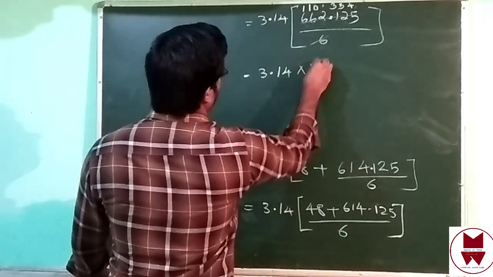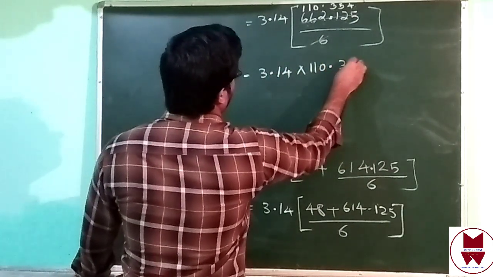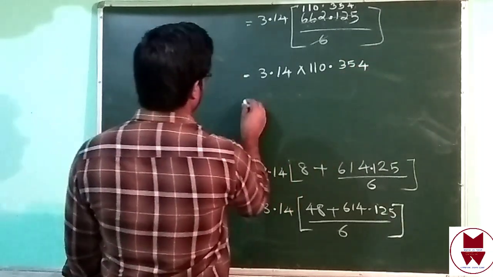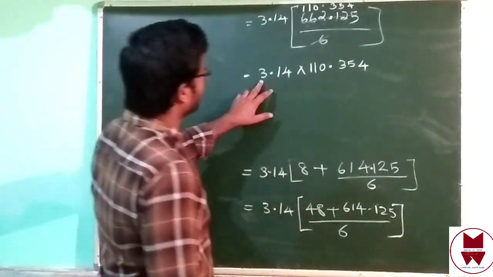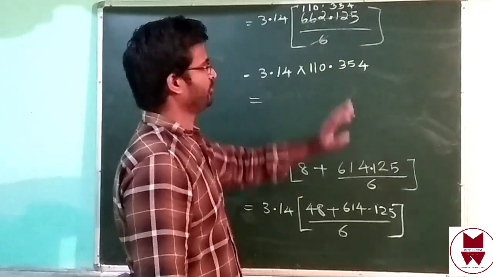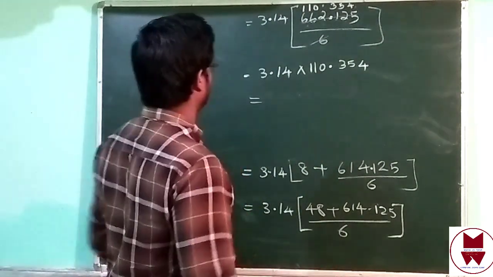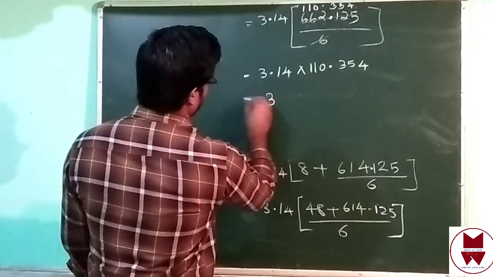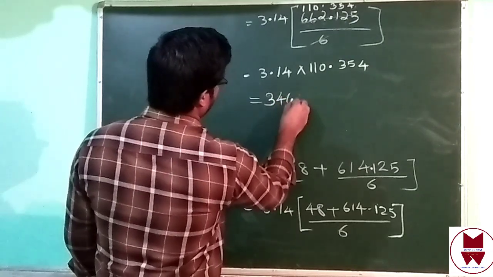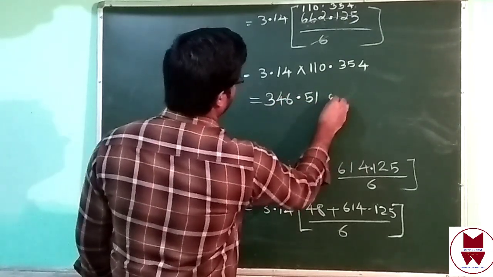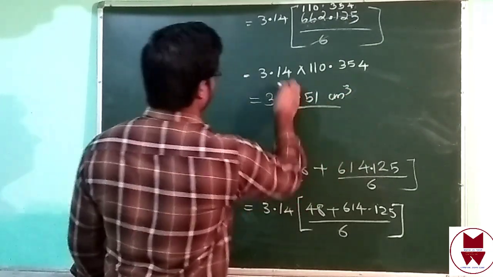3.14 into 110.354. Then multiply 3.14 into 110.354. If you multiply, you will get 346.51 centimeter cube. You can multiply yourself.